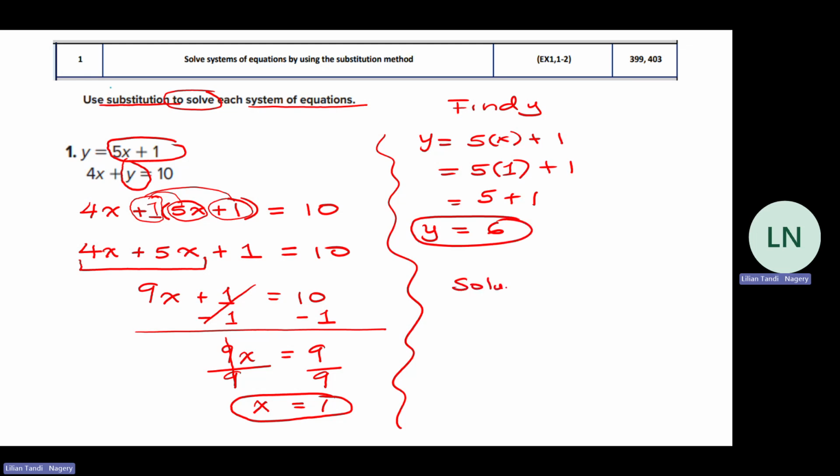So my answer is called a solution, and the solution will always start with x and y if you have x and y. Okay, so not all the time your solution will have x and y. But now because it has x and y, you will start with x and then y. So now 1, 6, and this is your answer.